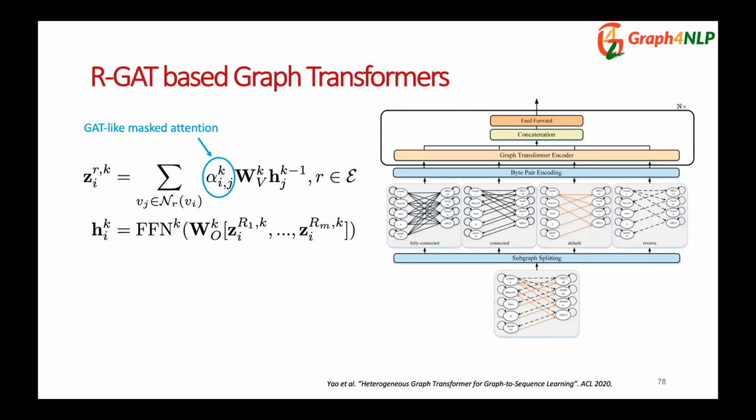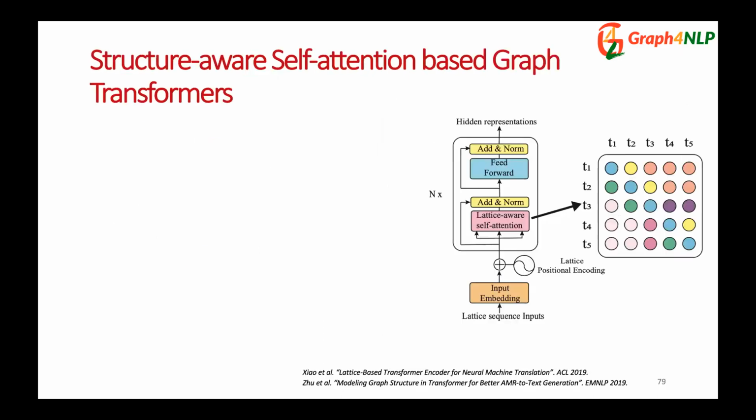As we can see from this equation, this is slightly different from the self-attention mechanism introduced in the vanilla transformers, because here we introduce a mask matrix to respect the graph structure of the input data. The second feature is that it introduces a relation-specific learnable weight matrix. The idea is similar to the RGCN model, and that's why we call it RGAT-based graph transformers.